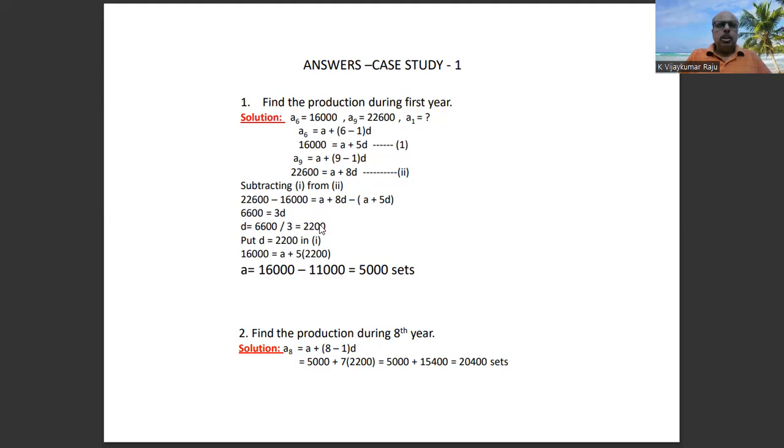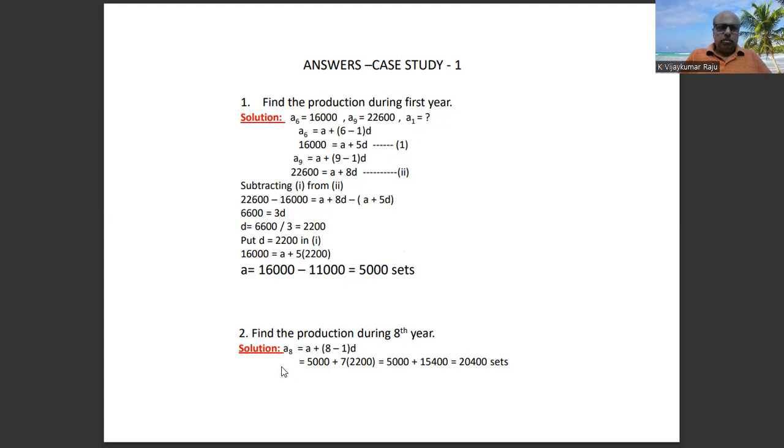So D is 2,200. So let's put D, that is 2,200, in the first equation. So 16,000 is equal to A plus 5 into 2,200. So A is equal to 16,000 minus 11,000. That is 5,000 sets. So in the first year, the production was 5,000 sets.